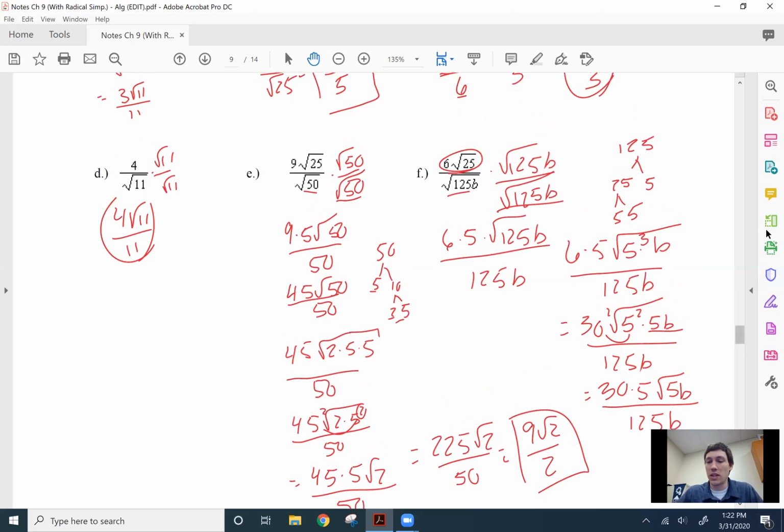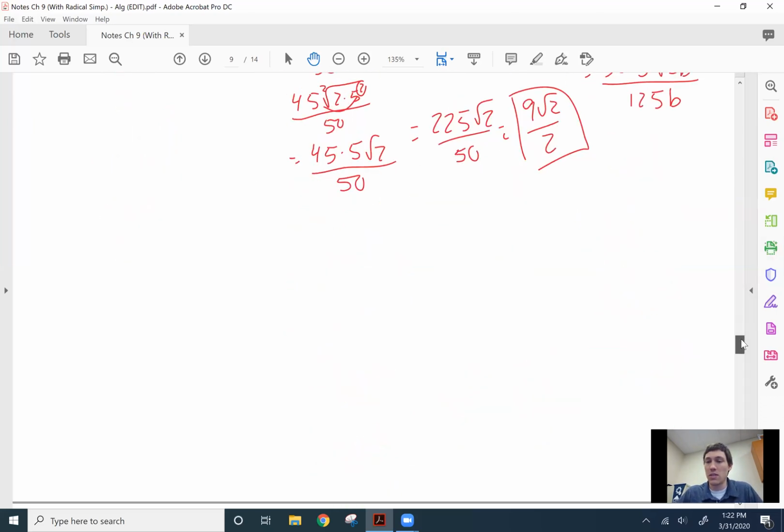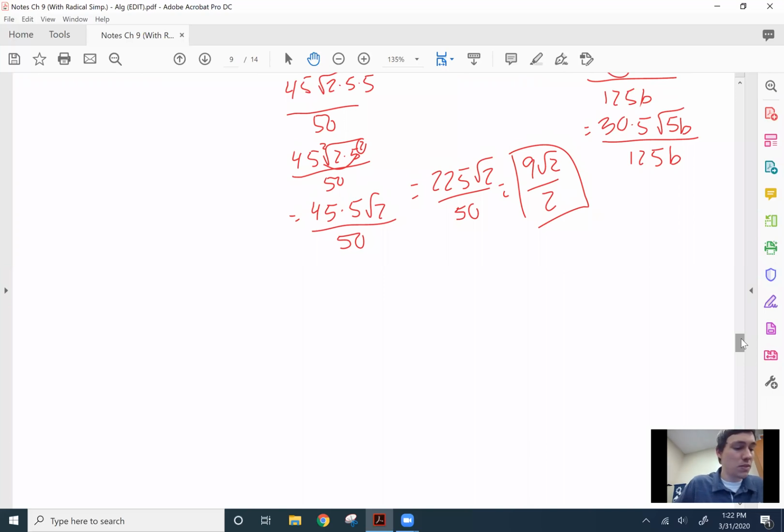Now let's finish simplifying this. 30 times 5 is 150. All over 125b. 150 divided by 125 is 1.2, and we turn that into a fraction, and that's going to be 6/5.